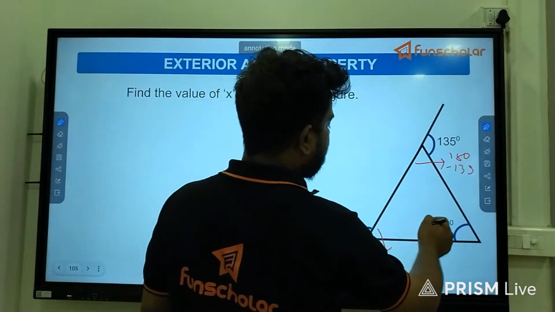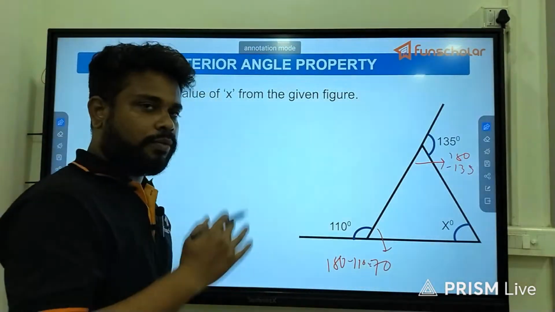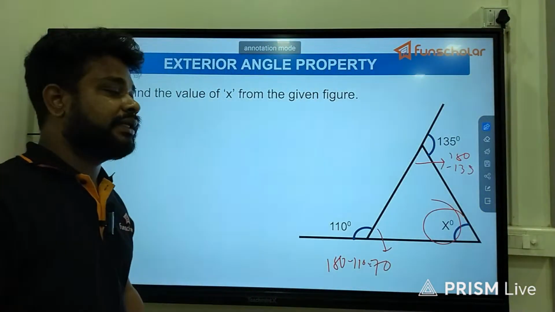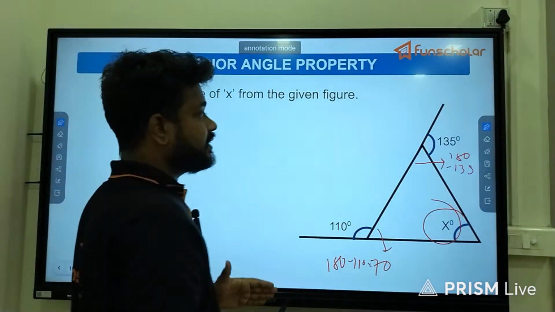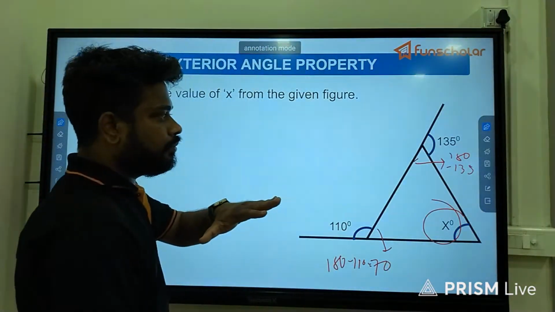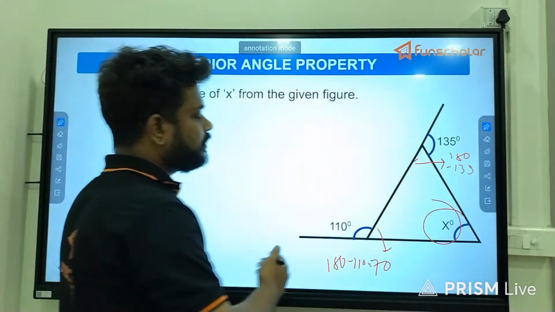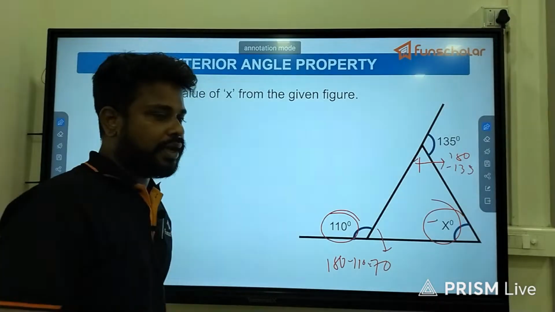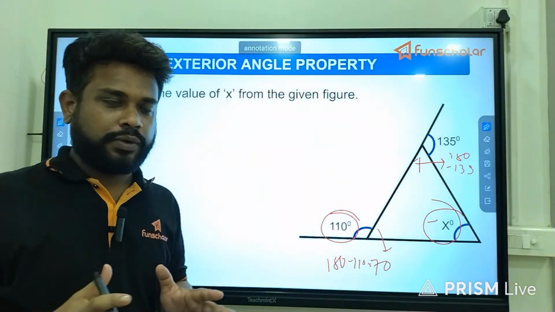Okay, and if you add these two and subtract from 180, you will get the value of x. This one is the general process, and you can try a back calculation to get 110. So this one will be homework for you guys.